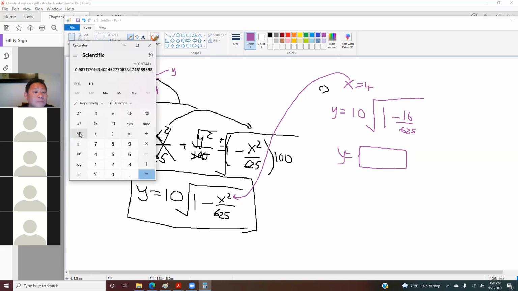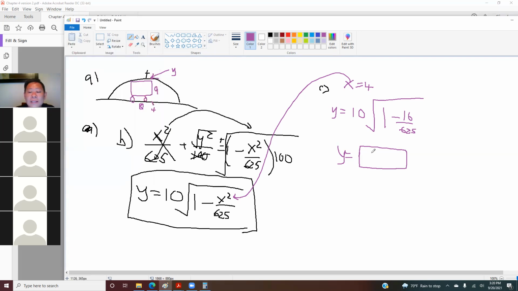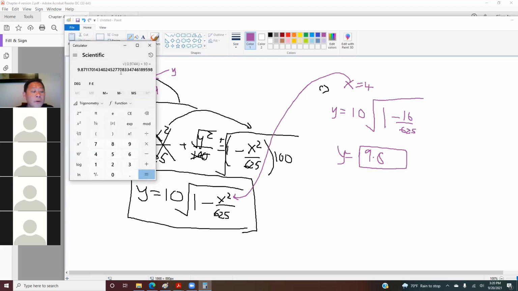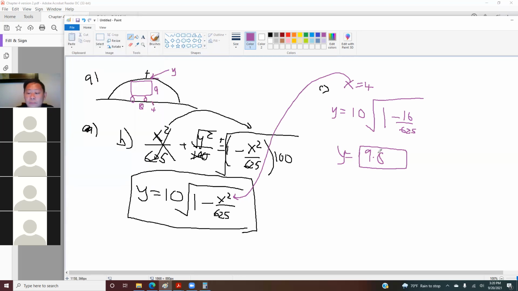My calculator is a bit weird. So this is actually 9.8 something, 9.87 something. So that means this value is 9.87.